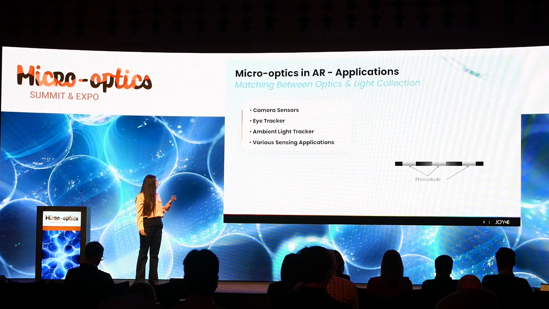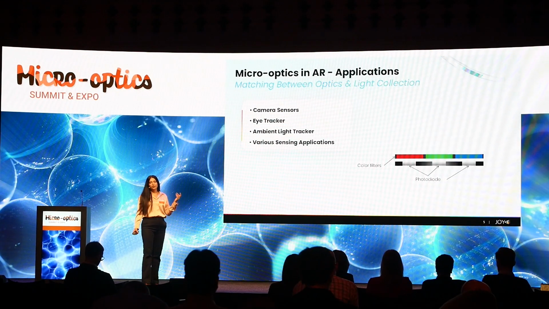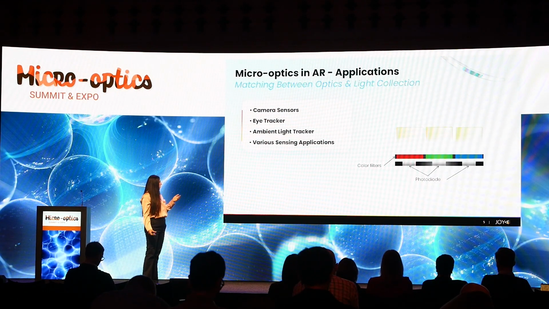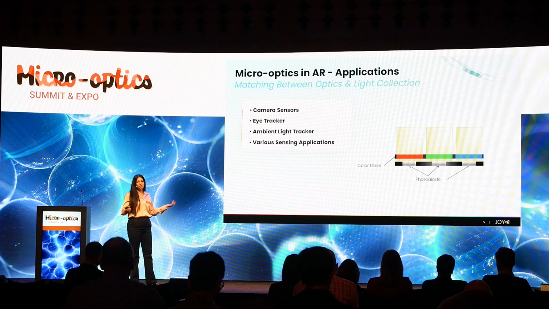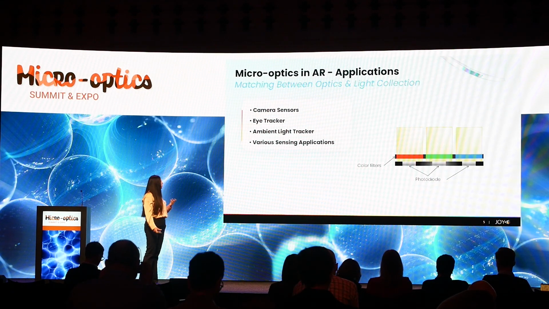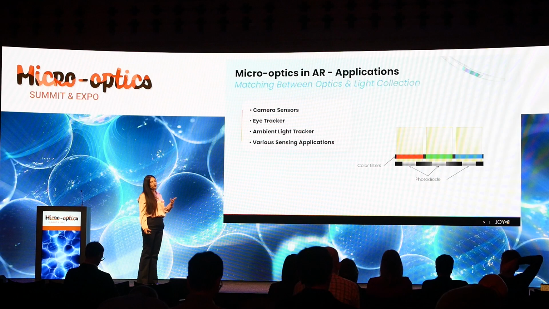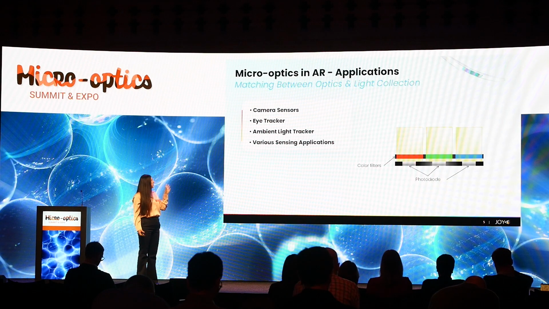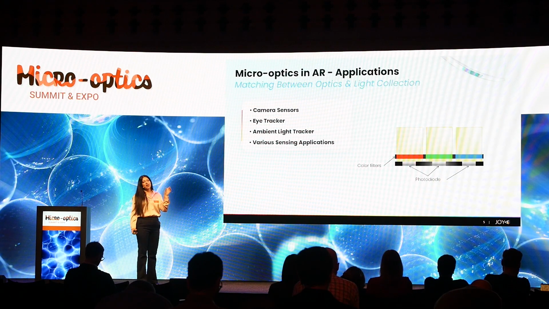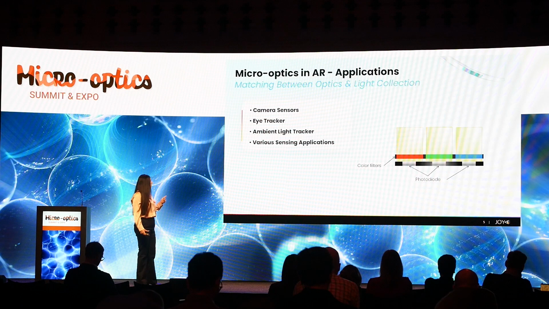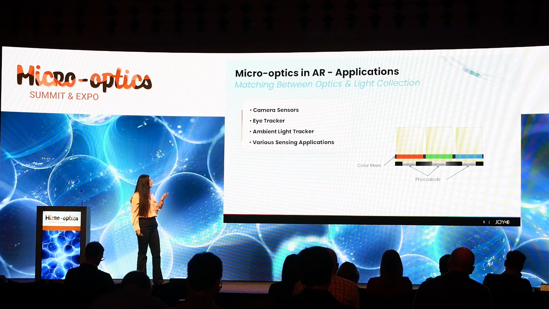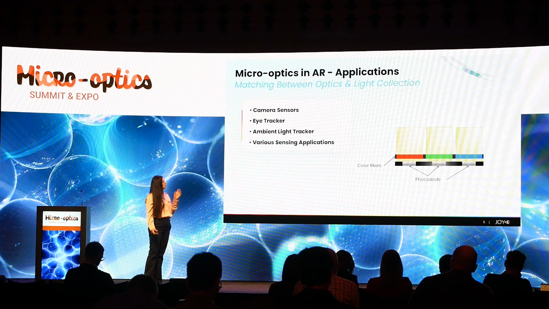So in general, it looks like this. You have photodiodes. Sometimes you have color filters on top of them, and you have light falling down, whether it's ambient light or projected light falling down on the photodiodes, and you can see that a lot of light misses the active area and creates not very good solutions.